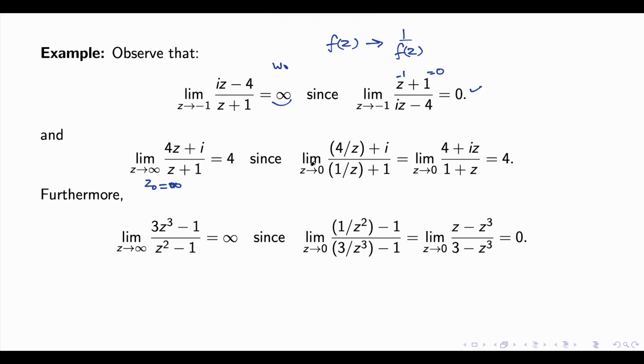Because z naught is infinity, you have to put 1 by z everywhere, and after solving this you will get 4. Furthermore, when both are infinity, you have to take 1 by z as well as the reciprocal of the function. Once you do this calculation, you will get 0. I hope you have understood. Thank you very much. Thanks a lot.